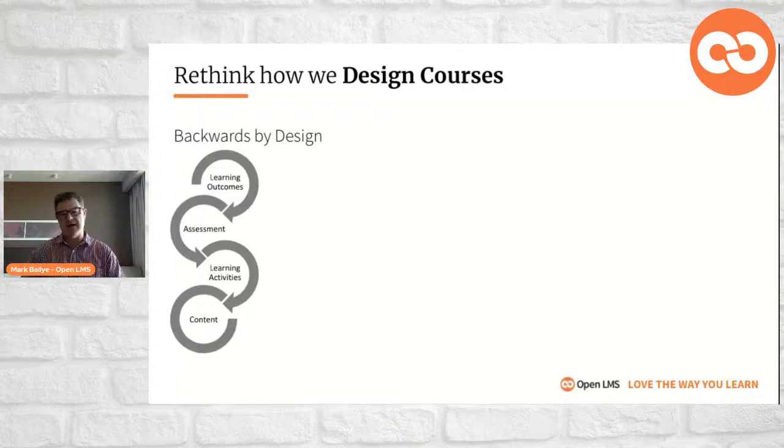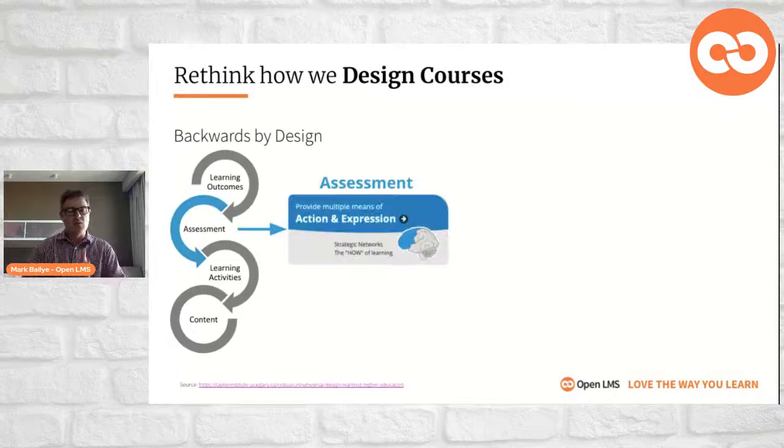As we think about that design approach, we can start to see where those areas of universal design come in. For example, when we think about assessment, we're thinking about the how of learning: how do we get our learners to express what they know in different ways?